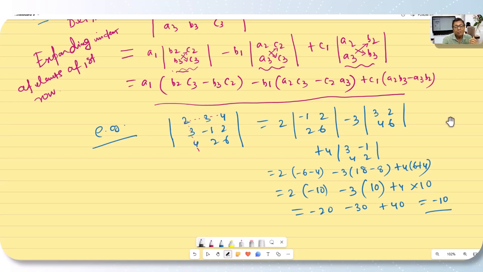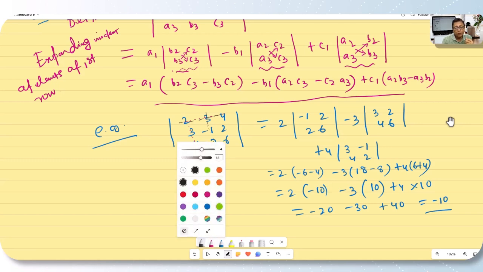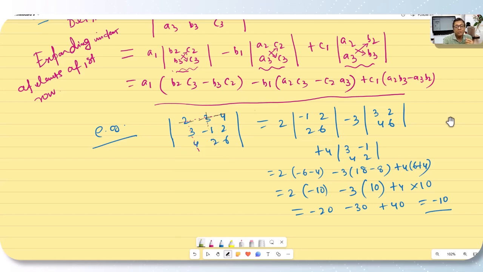Then we did not take the row and column where 3 is. Apart from this, 3, 2, 4, 6. Then for 4, we did not consider any element of this row and this column. So, plus 4 into |3 minus 1; 4 2|. This way we have expanded.